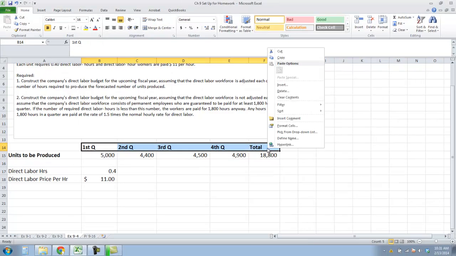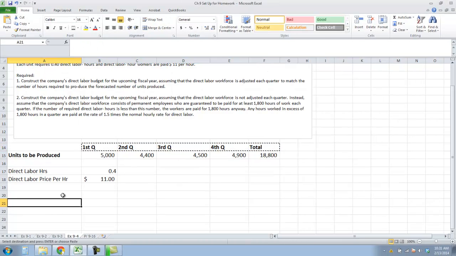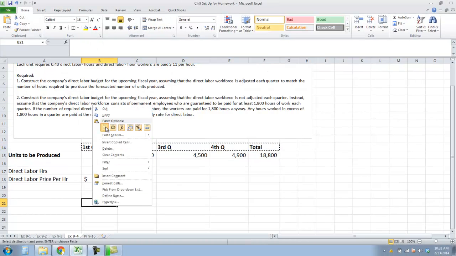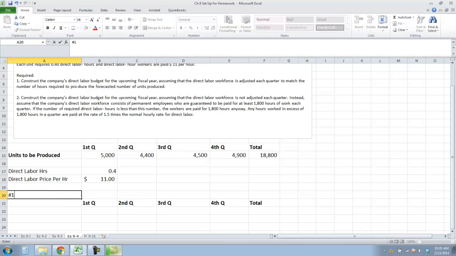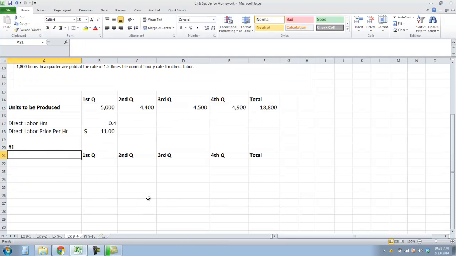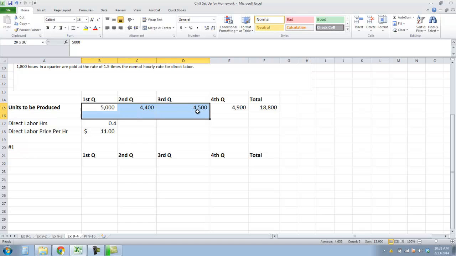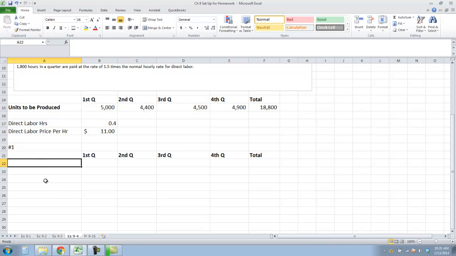So let's start with number 1. Let's assume that direct labor matches what is required to be produced. So we start in calculating the direct labor budget. Units to be produced. And this is given in the problem.